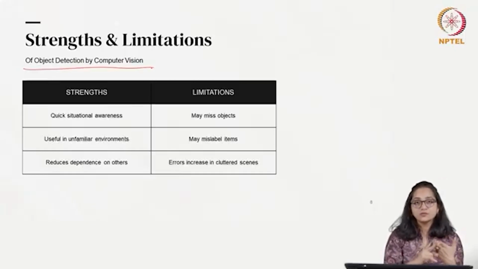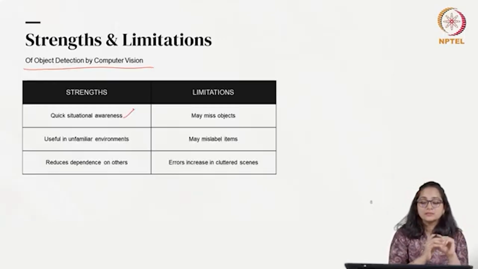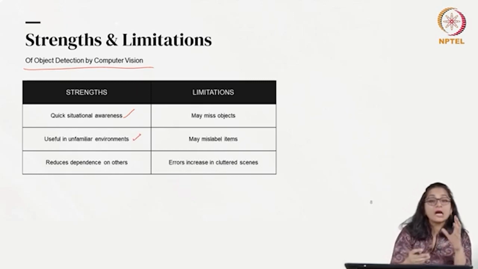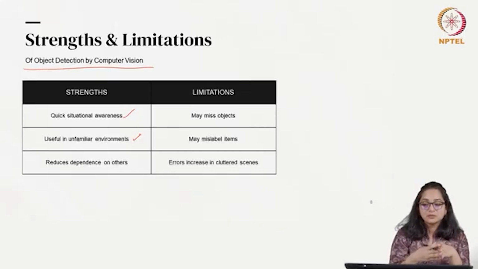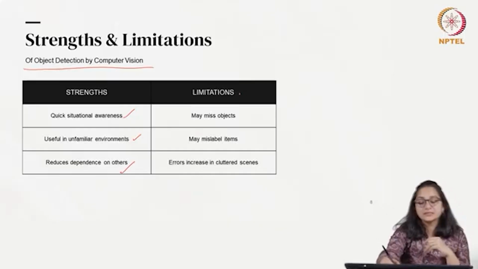The strength is, of course, quick situational awareness. It may be useful in unfamiliar environments. It reduces dependency on others, right? These are some core strengths, and the limitations include that it may miss certain objects.